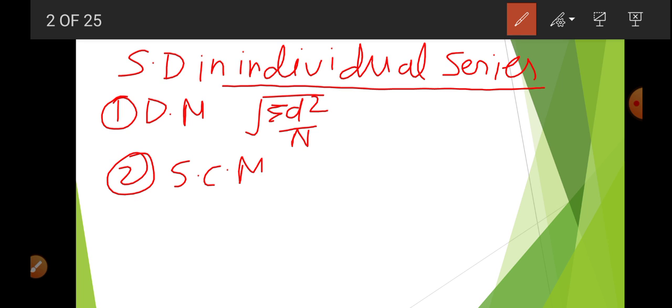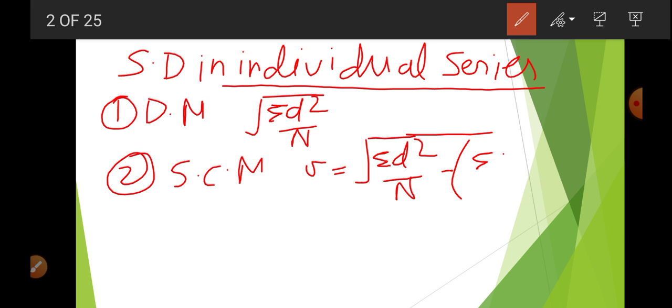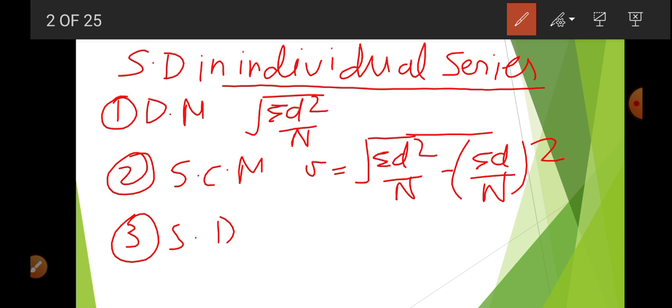In shortcut method, standard deviation is equal to under root sigma d square upon n minus in bracket sigma d upon n whole square. Then we had learned step deviation method.